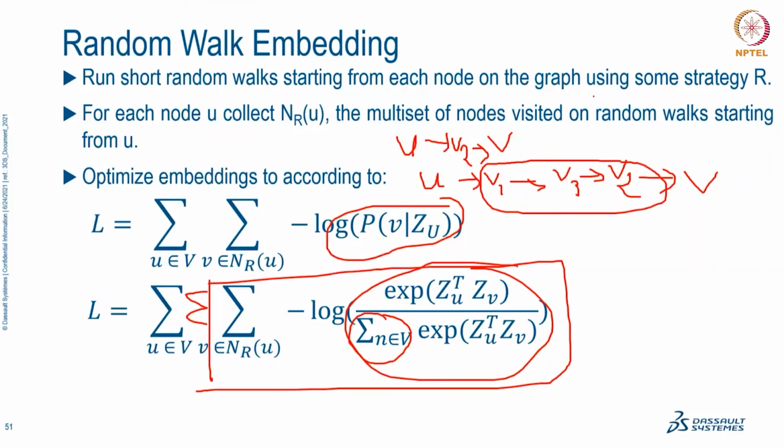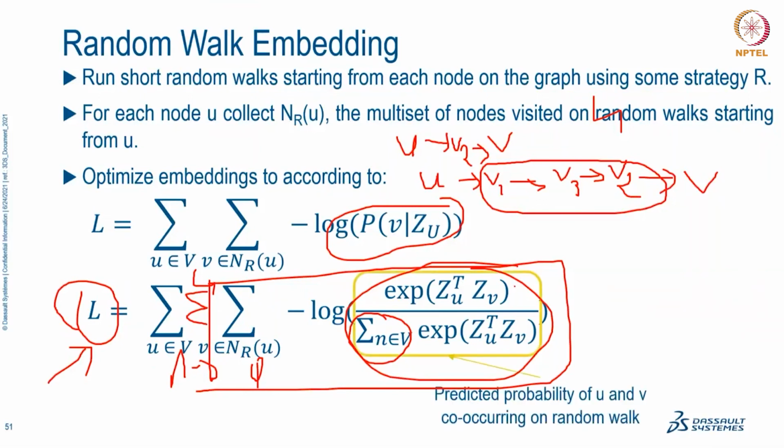If I consider 4 random walks, then n goes from 1 to 4, so we have to sum this 4 times based on the random walks that we have encountered. Again, this is an optimization problem. We have to minimize this loss so that the similarity in the embedding space is the same as the similarity in the original network. So this is random walk embedding.